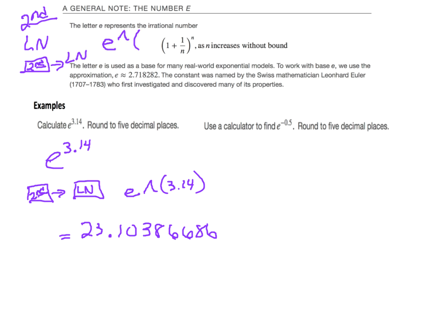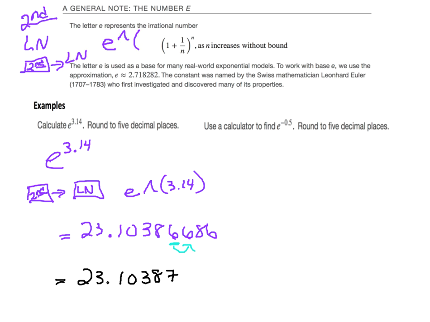We were asked to round to the 5th decimal place, 1, 2, 3, 4, 5. I look next door, that's going to round up. So I get 23.10387.